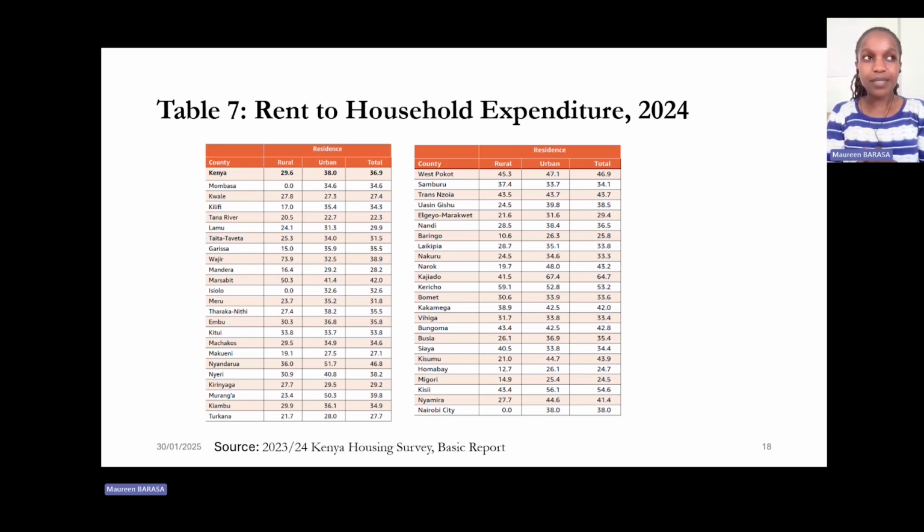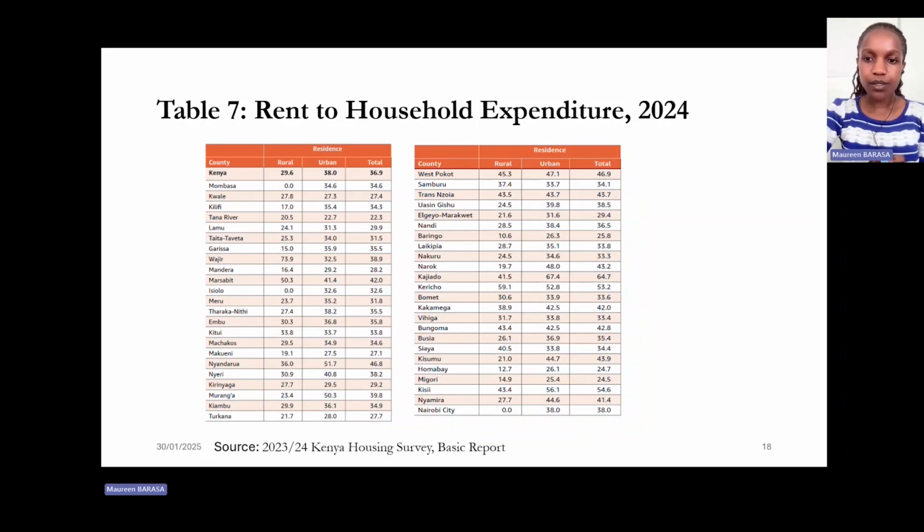They allocate 38% of their expenditure on housing, that's on rent, while their rural counterparts allocate 29.6% of their household expenditure towards rent.